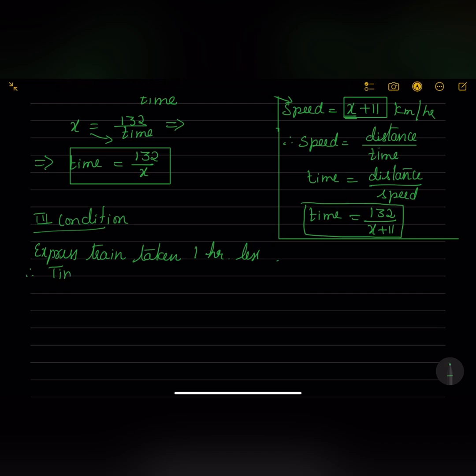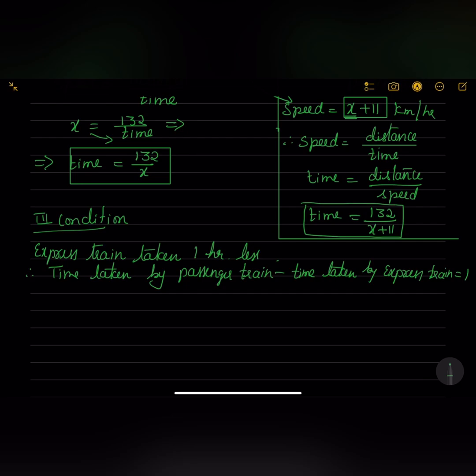Therefore, time taken by the passenger train minus time taken by the express train is equal to 1 hour, right?